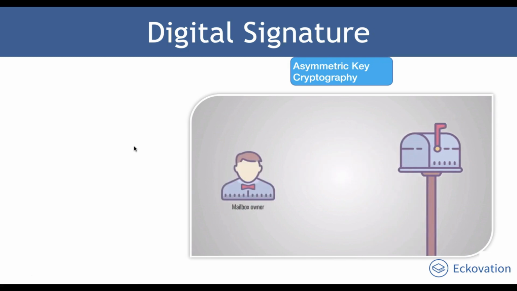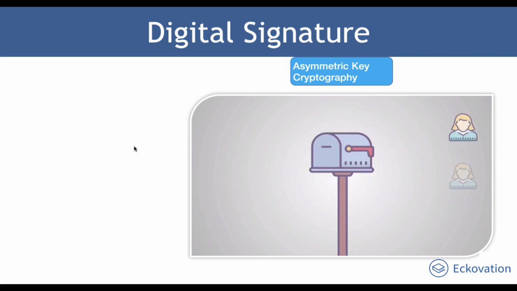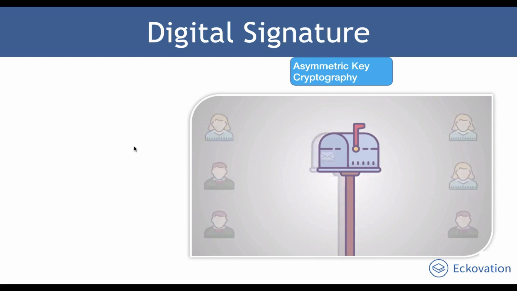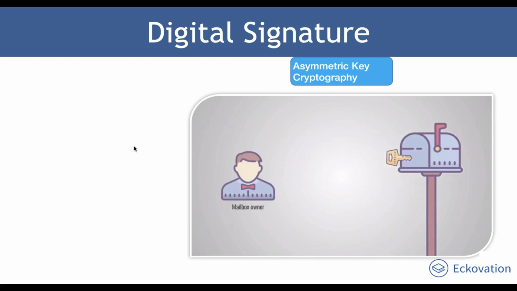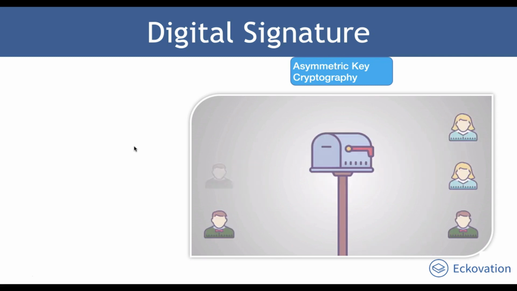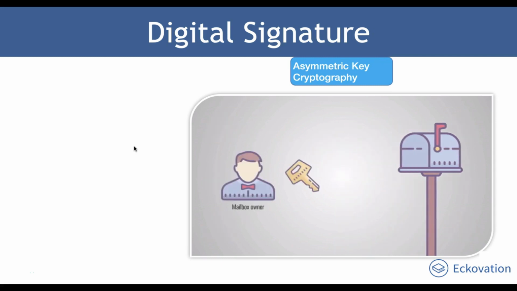Once the receiver receives the document, he will use a different key, possessed by himself only, to decrypt the data on the document so he can read it or use it. This is called asymmetric cryptography, where the keys for encryption and decryption are different.